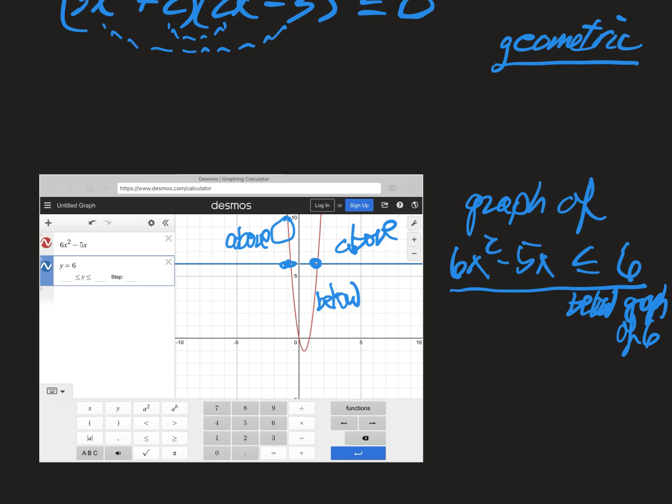So we want to know where the y values for this are smaller than the y values equal to 6. And we can see on the graph that this part of the graph right here is where those y values are below y equals 6. Okay? So that's a beautiful thing.